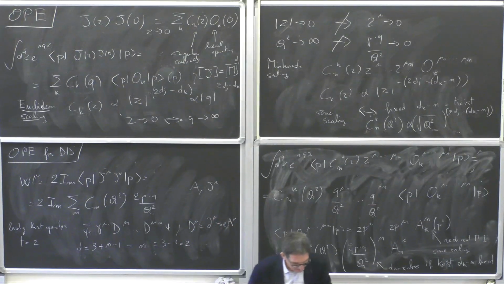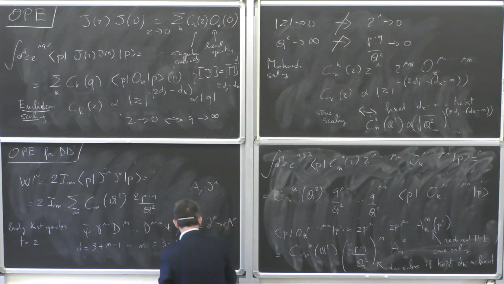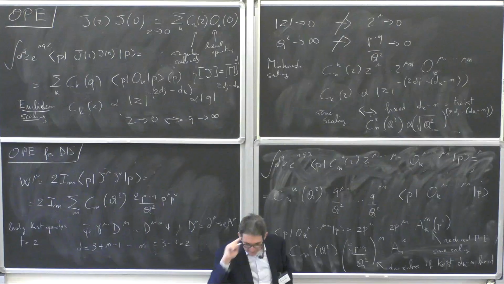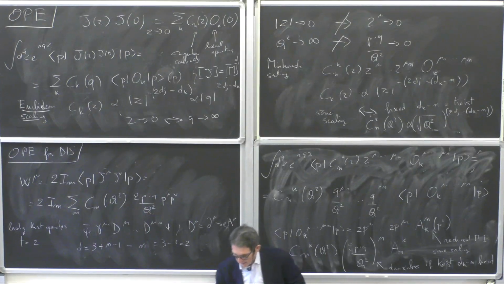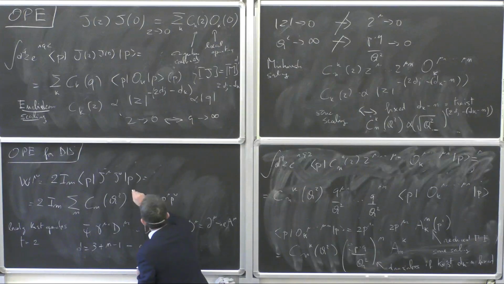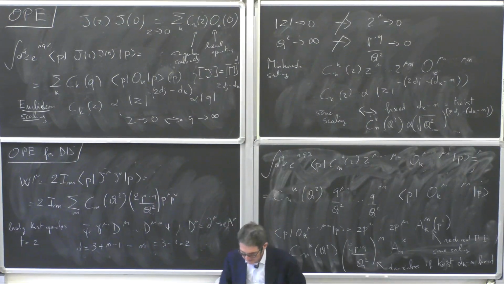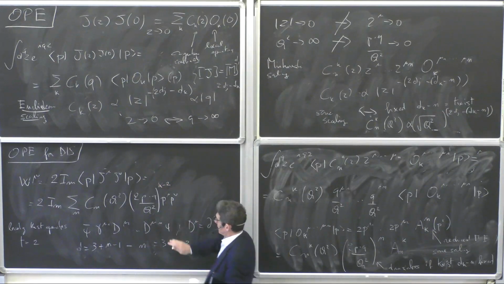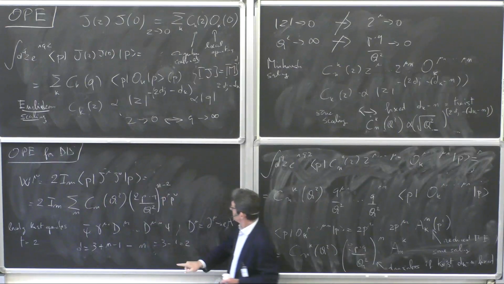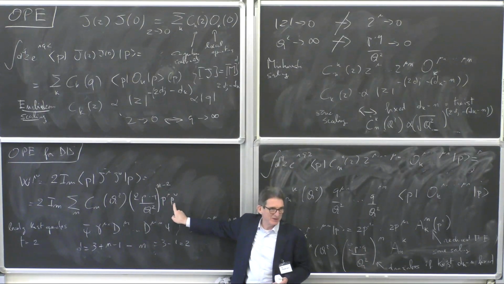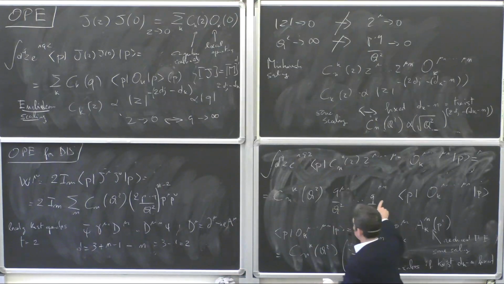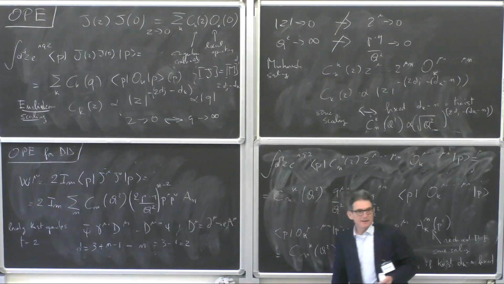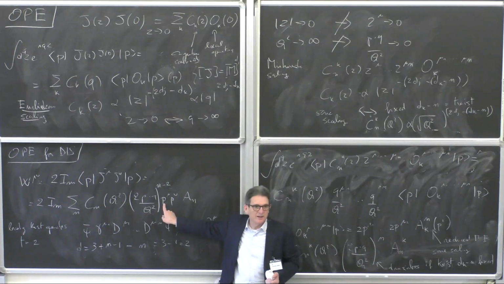Okay, so this means that in this particular case, here I get p mu, p nu, and then 2p dot q now here is raised to the power n minus 2, because two powers of momentum are carried by the p's here, and I want to match my overall dimension here, and then I have my scalar coefficient a_n down here, right? And then I have another term where instead here I have q mu, q nu.